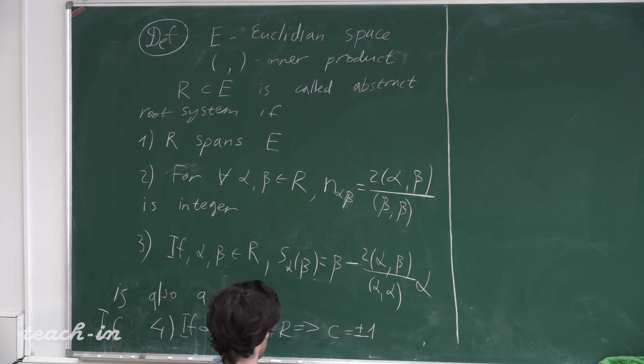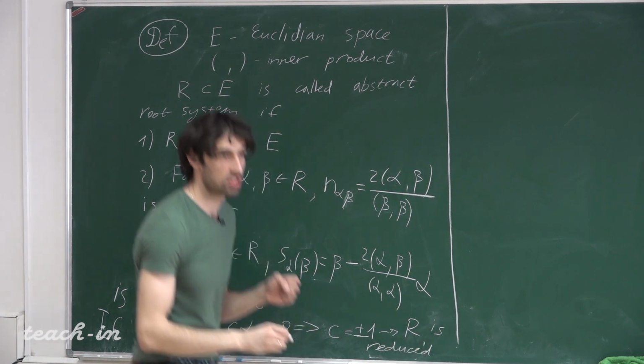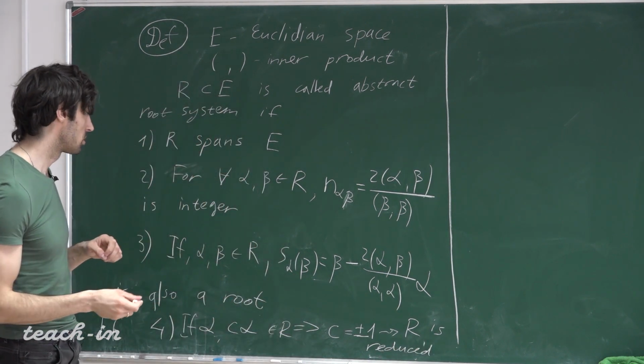Right. So if additionally we have 4, then R is called reduced. So R is reduced. So this is a reminder of what we deal with.